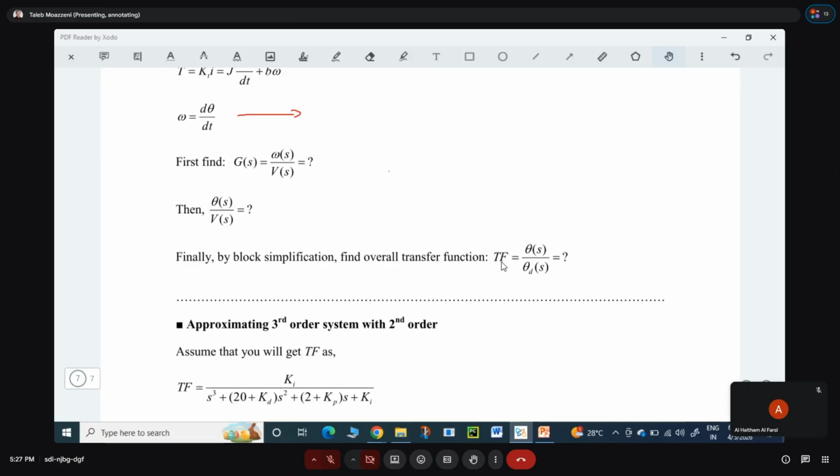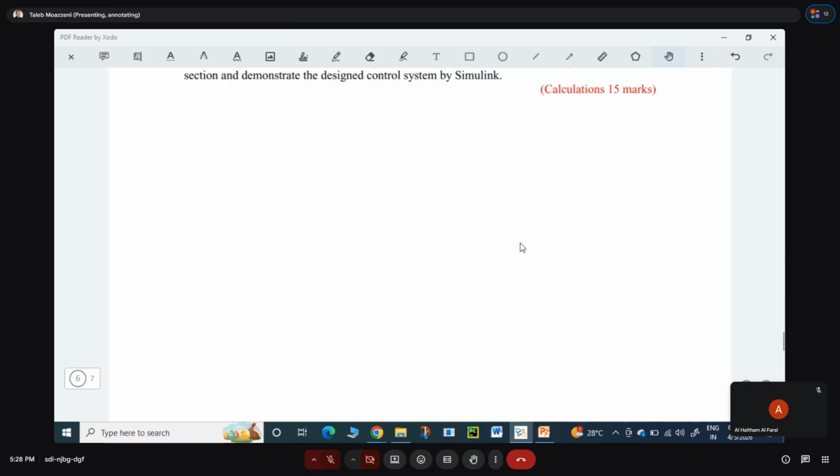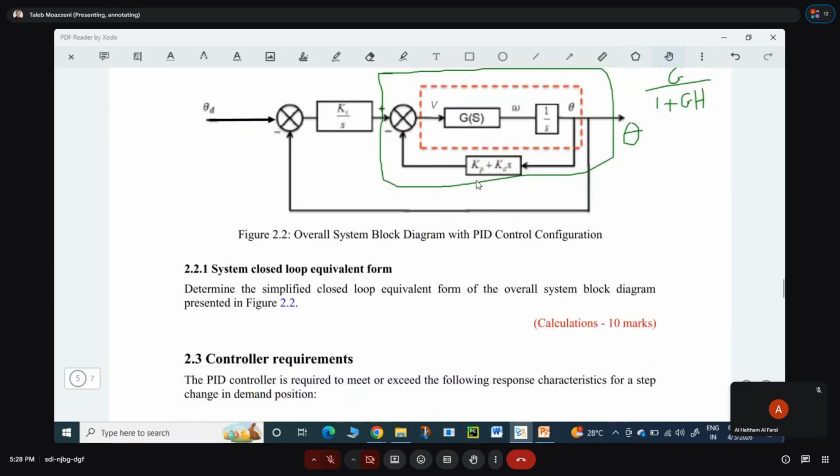Now, of course, this transfer function is the main part, the core, the major part of your assignment. Because without this transfer function, you cannot do anything. In that transfer function, there are some parameters like Kp, Ki, Kd. If you look at this figure, you see Kp, Kd, Ki. These are the parameters you should find.